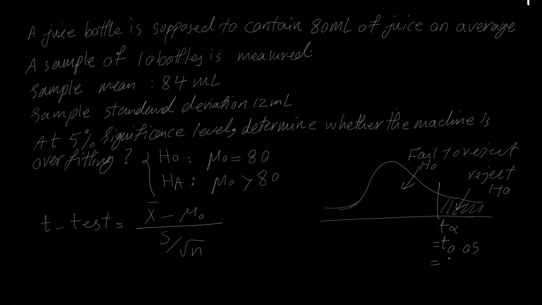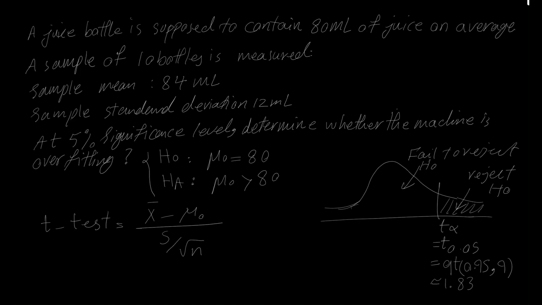So the syntax here is qt, and 1 minus alpha is 0.95, and degree of freedom is 9. Now I need to compute this. It almost equals 1.83 if I keep two decimal places.